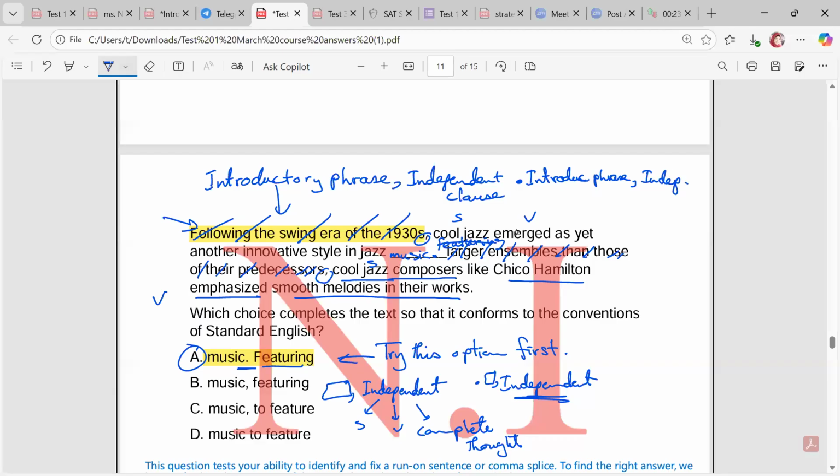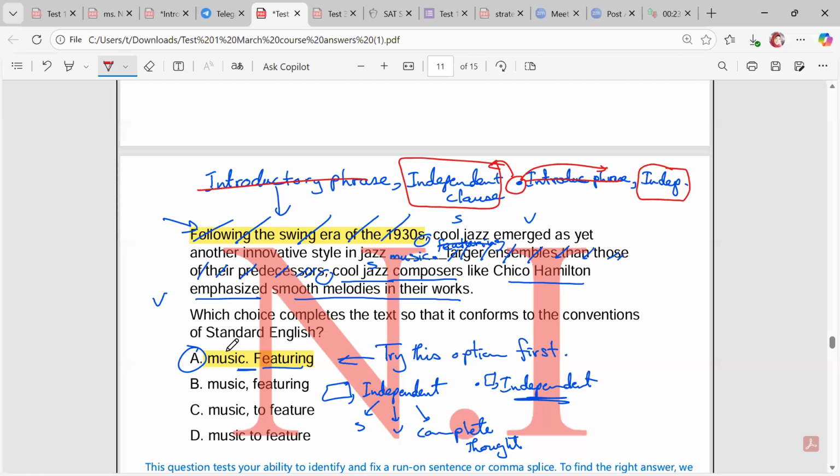What you care about is these two independent clauses. As long as there is an independent clause on the sides of the period, that's it, you don't have to care about the introductory parts. Okay, so it worked and A is the right answer.